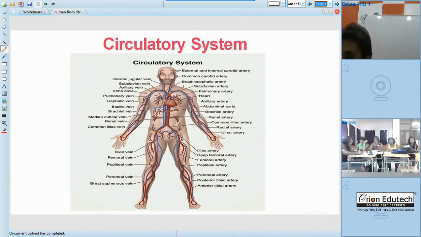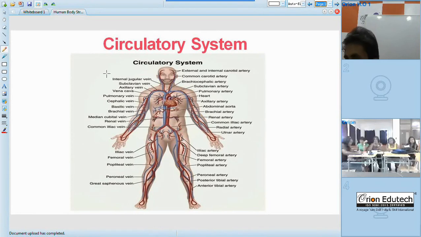Then the brachiocephalic artery, subclavian arteries, pulmonary arteries, heart, axillary arteries, abdominal aorta, brachial artery, renal artery, common iliac artery, radial artery, ulnar artery, iliac artery, deep femoral artery, popliteal artery, peroneal arteries, posterior tibial arteries, anterior tibial arteries.